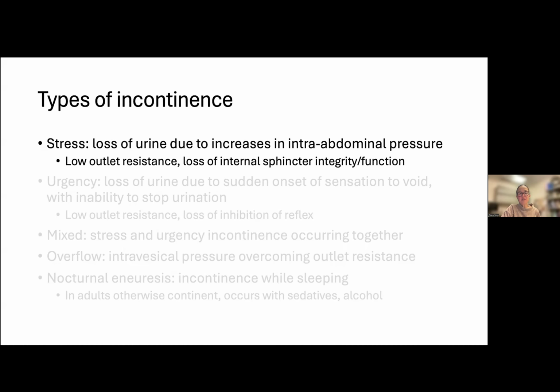And this is the kind of incontinence that happens in women, and it's a side effect of pregnancy, and particularly vaginal delivery. Men can get this kind of incontinence too if they have prostate surgery because their internal sphincter is damaged.